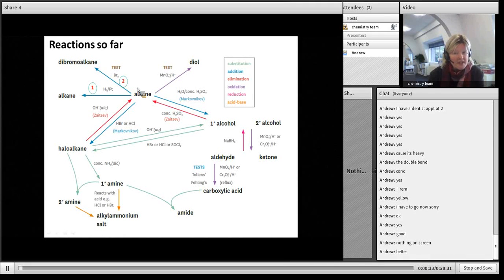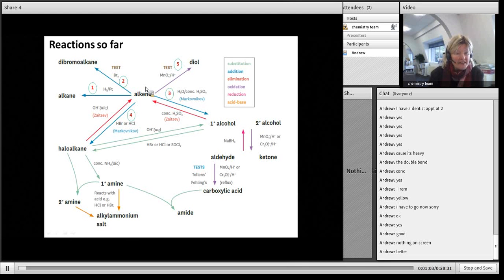Then we've got the hydration, which is the conc. sulfuric acid and water to form an alcohol. Then we have the hydrohalogenation, which is HBr, HCl to form the haloalkane. And then we also have the other test where it decolorizes permanganate, and if it's acidified permanganate, it turns it from a purple color to colorless.